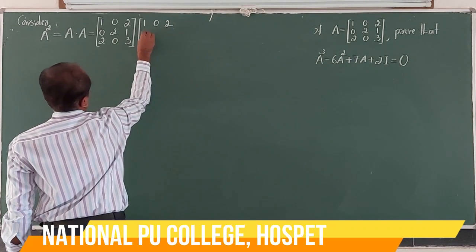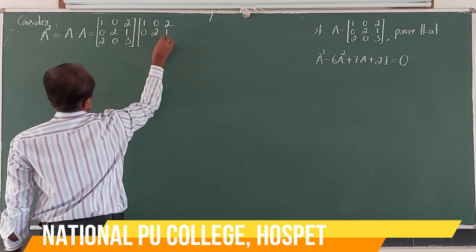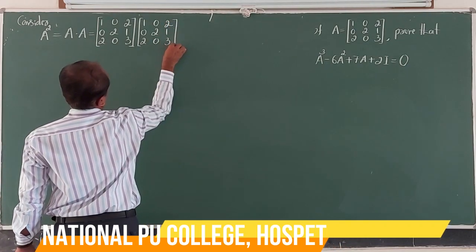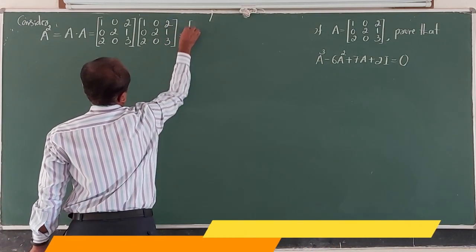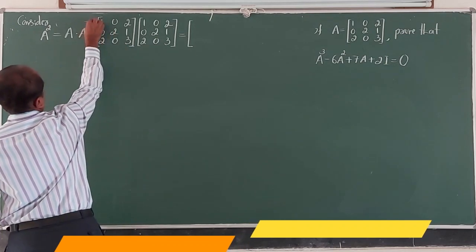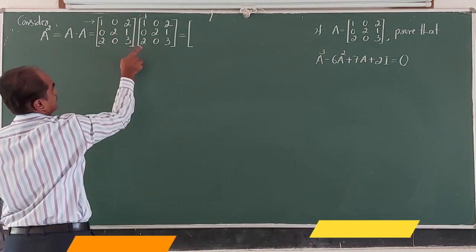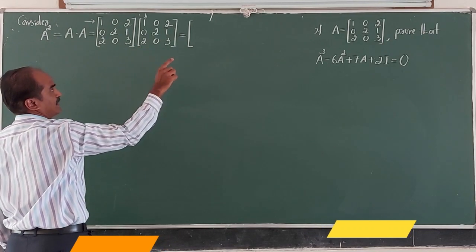First row 1 0 2, second row 0 2 1, third row 2 0 3 is equal to: take first row, first column, make pairs of elements, multiply, add them.